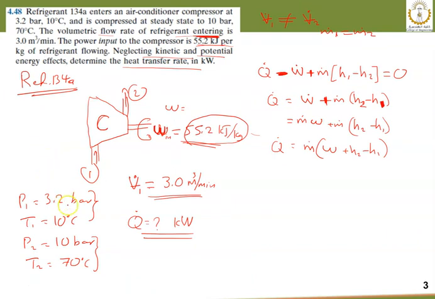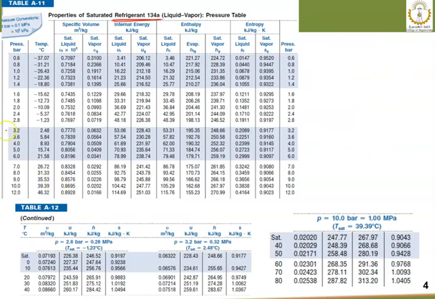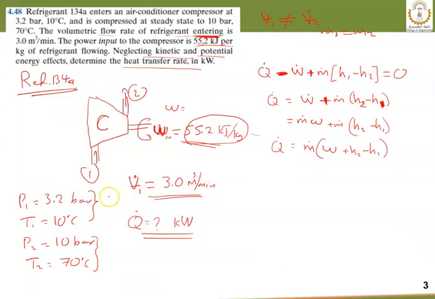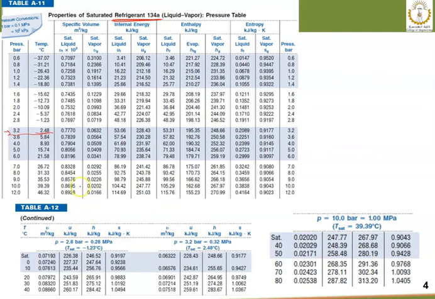The pressure is 3.2 bar, so it's this one. Here the saturation temperature is 2.48, and our temperature is actually 10 degrees centigrade.